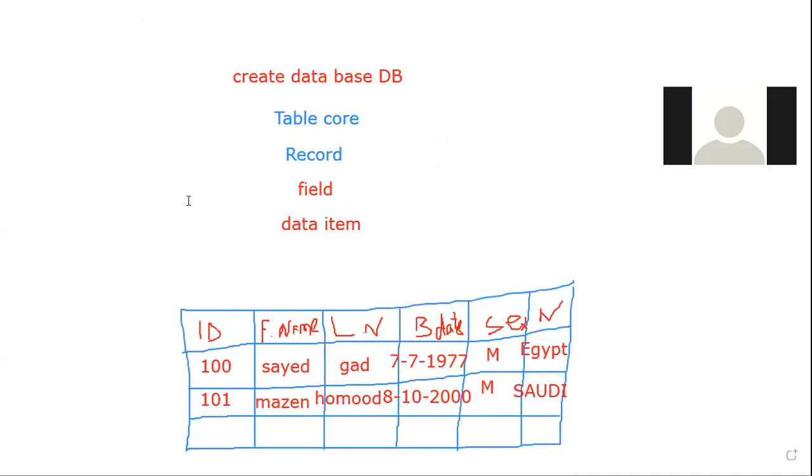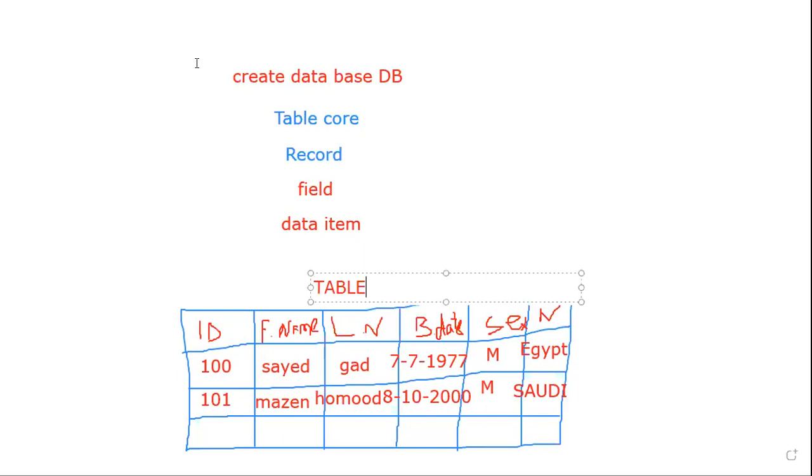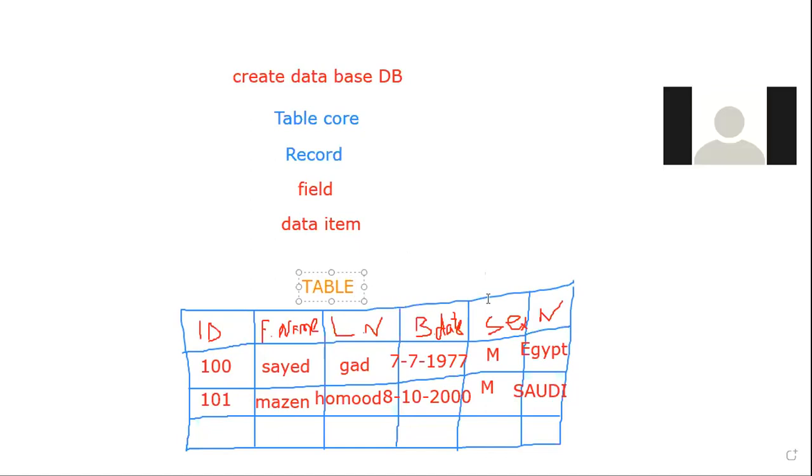Good now. Here, what is all this area called? It's called a table. Good. Can anyone describe what the table contains? What is the table including? Ahmed, could you tell me?